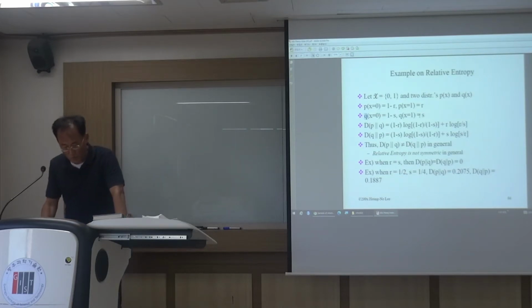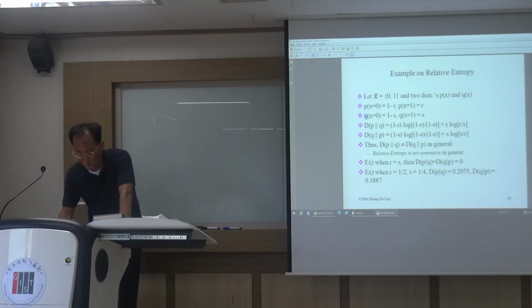So we have a distribution P and Q, and then we can talk about relative entropy, P first, Q next. You apply that relative entropy formula. Basically, it is (1 minus r) log of (1 minus r) over (1 minus s), plus r log of r over s. Just by applying it. And if you do the switched version, relative entropy between Q and P, then (1 minus s) log of (1 minus s) over (1 minus r), plus s log of s over r.